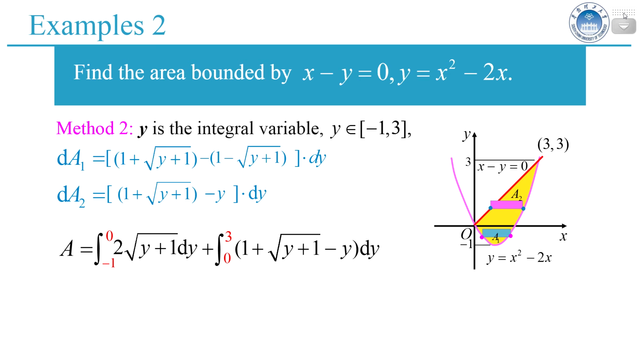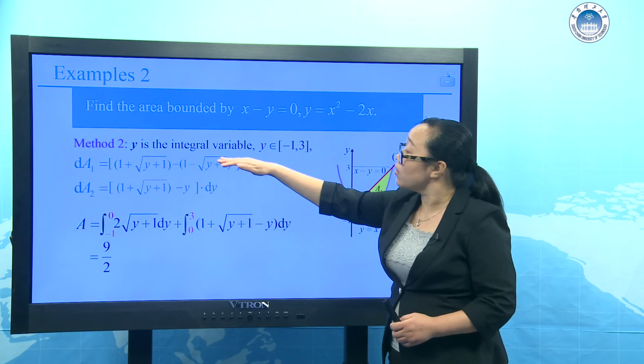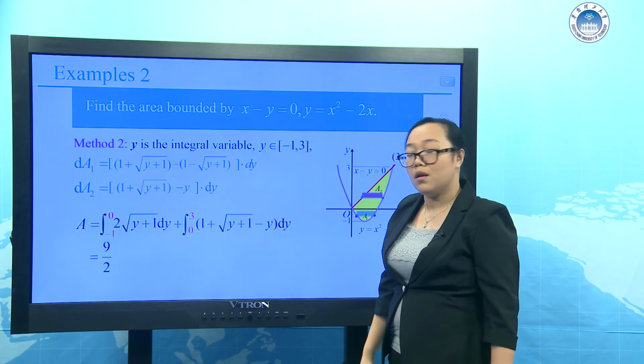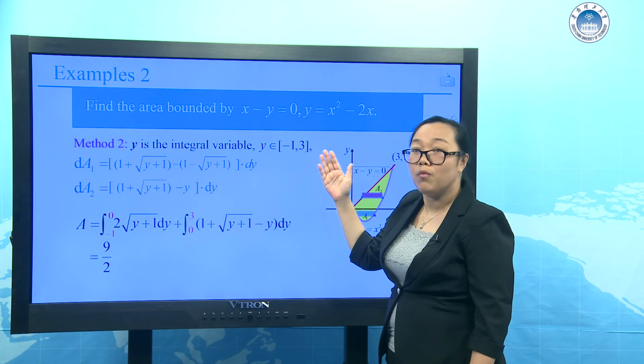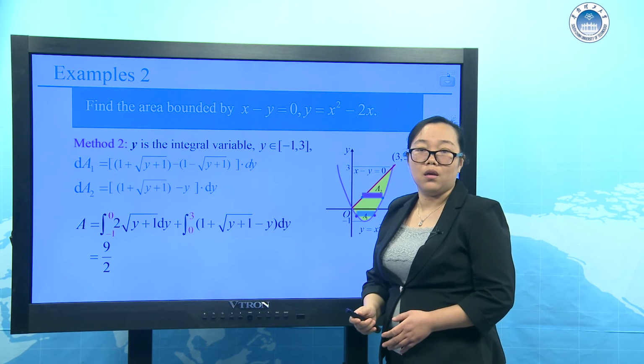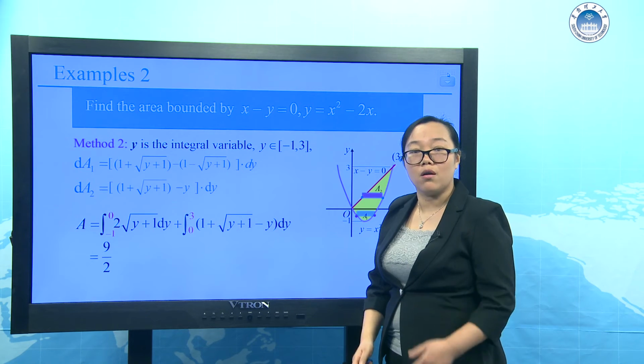So now we can get the corresponding definite integral final result 9/2. Compare the two values in method 2 and method 1. They are equal. But in this question, method 1 is easier than method 2. If you do the question, it is decided by yourself, okay?